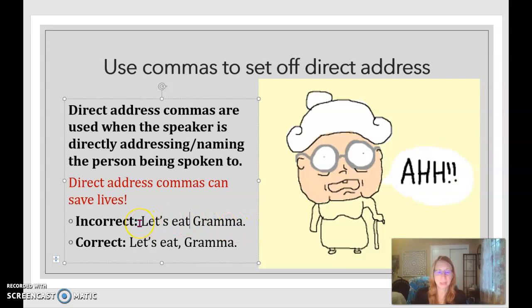So here is the incorrect version, let's eat grandma, when really what we wanted to say is let's eat, comma, grandma, indicating that you would like to have a meal with your grandmother instead of have her for lunch. So the direct address comma is used when the speaker is directly addressing or naming the person being spoken to.